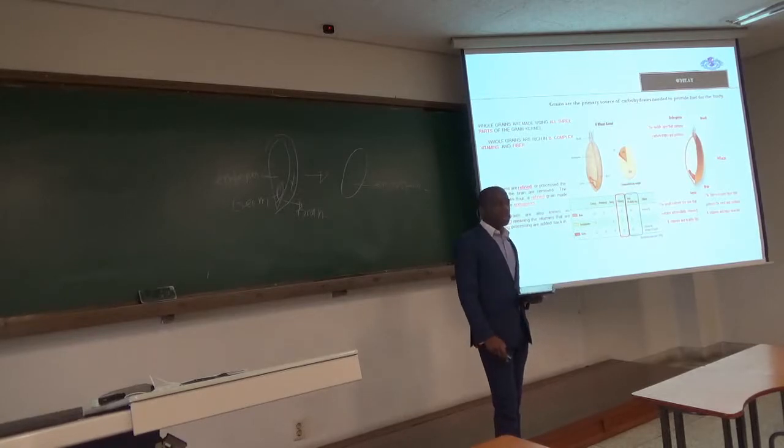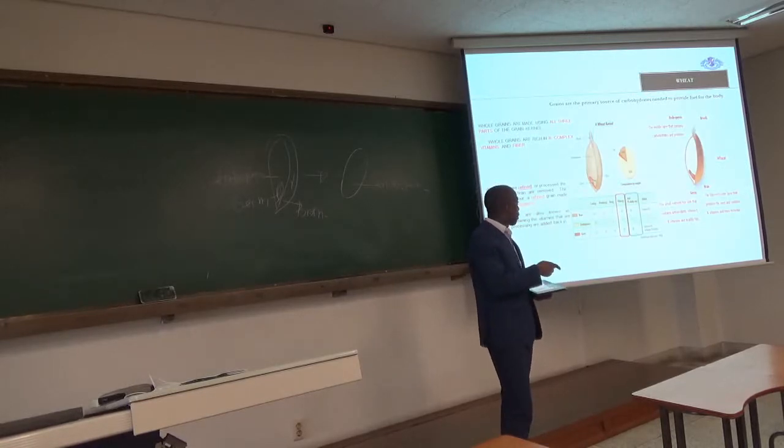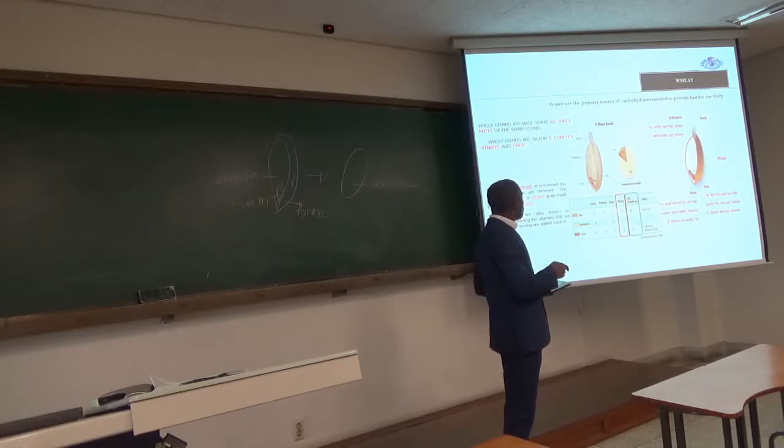Another big difference in terms of the nutrients that we are losing by processing the food. So let's look at the vitamins, for example. On the bran, we talk about a group of B vitamins. Do you see any B vitamins on the endosperm?